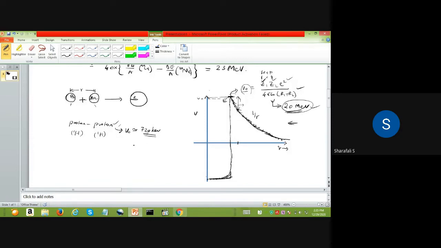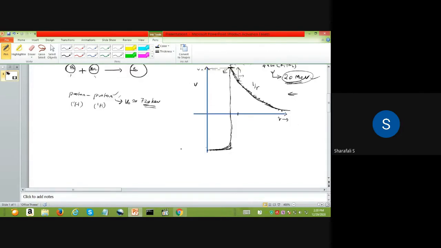Okay, so the potential barrier energy is reduced. So only this much energy has to be provided to cross that potential barrier. Now, if you consider any isotope of these elements, the radius will be further increased if you consider isotopes of this nucleus.